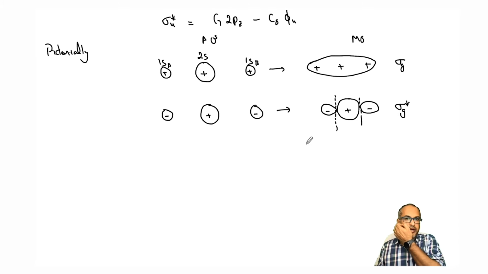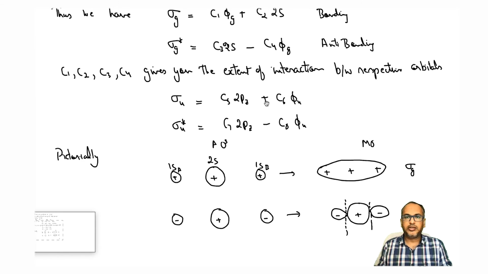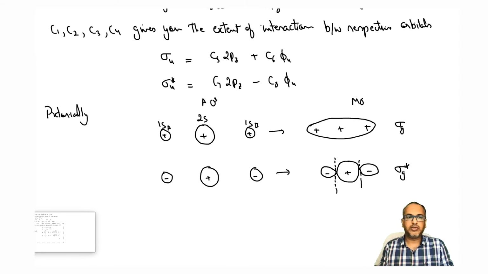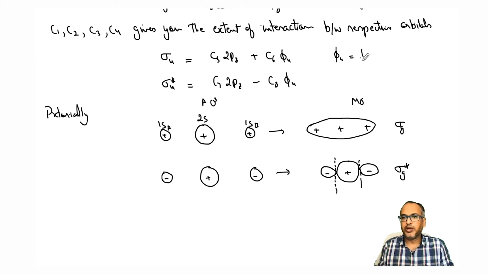Alright. Now for sigma u, what did we have? So we had 2pz with positive phase, and what was phi u? Phi u was 1 over root 2 (1sa minus 1sb).